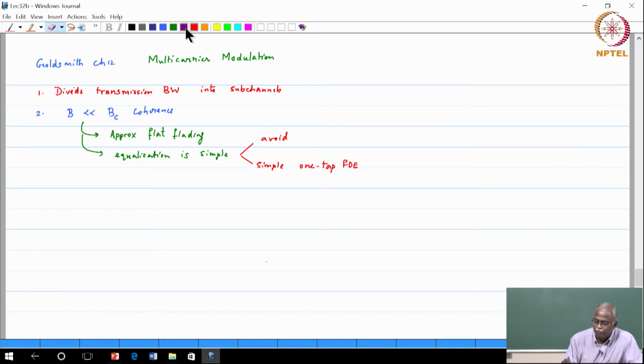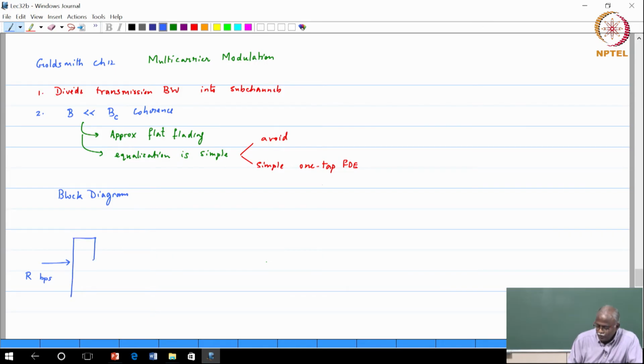Now, there is a block diagram that will be given in Goldsmith's book, and this is what the block diagram is. Of course, if you saw this first, you may not have necessarily linked it to the other concepts that we have talked about, but otherwise this is what you will find. So, the block diagram for multi-carrier modulation is the following, where I have a data source which is coming at R bits per second.